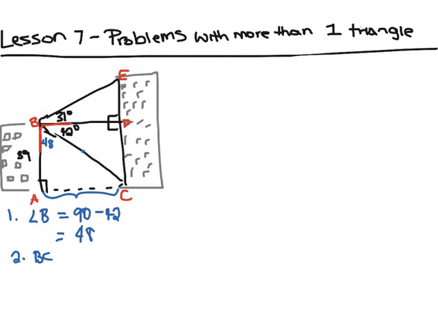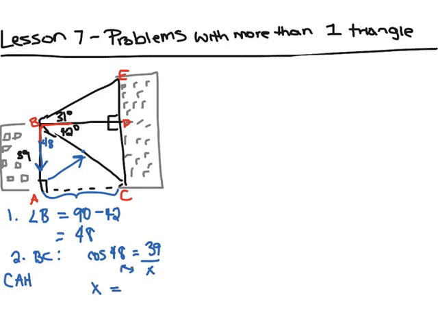So that's our second step. So we know the adjacent side and the hypotenuse. So we know an A and an H, so we're going to use cos. So cos of 48 is equal to adjacent, which is 39, over x. Because x is on the bottom, we're going to flip.